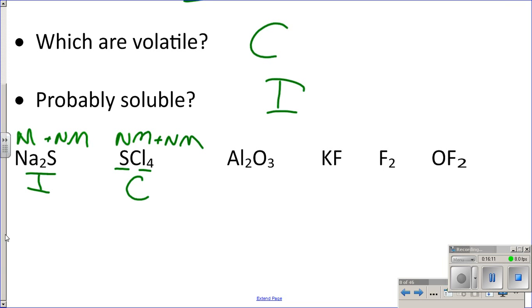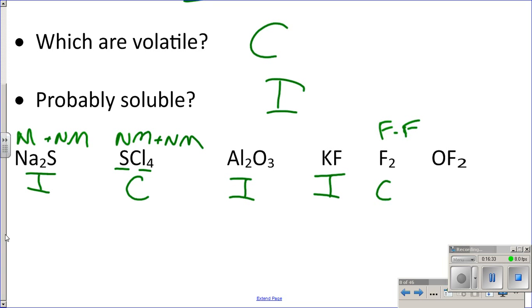Ionic. Aluminum is definitely a metal, people, right? This one? How do you know it's ionic? Potassium is a metal. It's in group 1A, alkali metals. This one? Right, it's covalent because it's fluorine bonded to fluorine, so two nonmetals, meaning it's nonmetal, nonmetal, covalent.